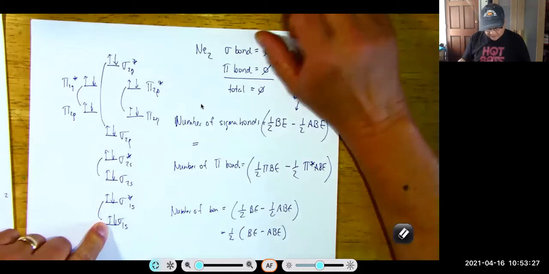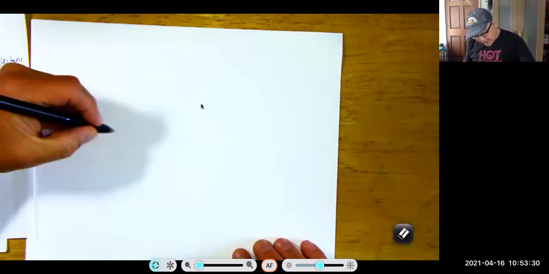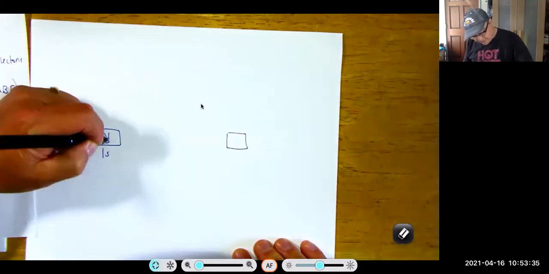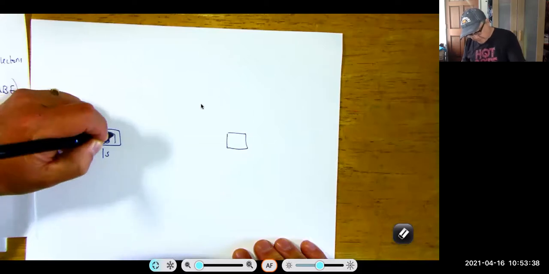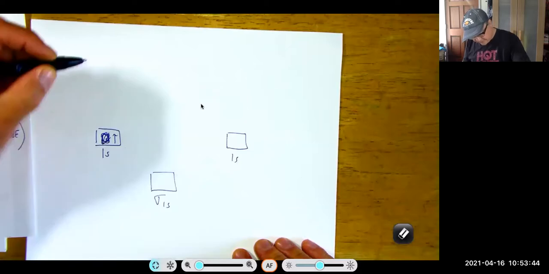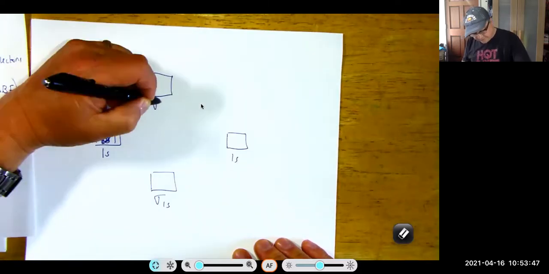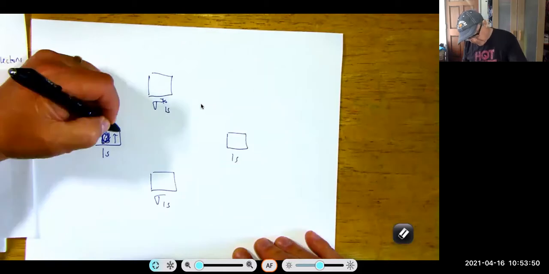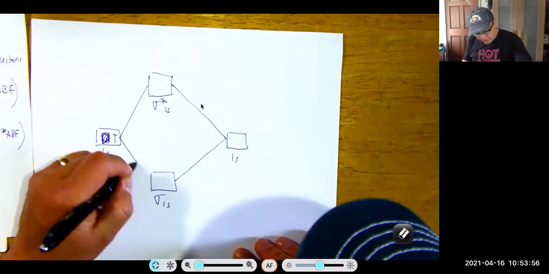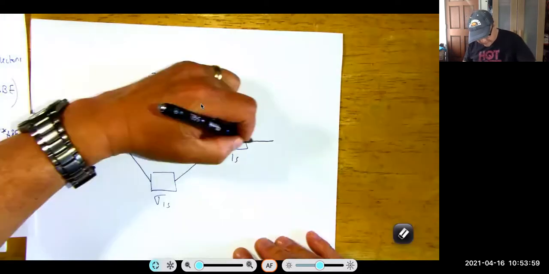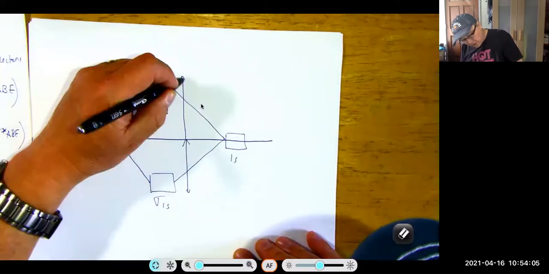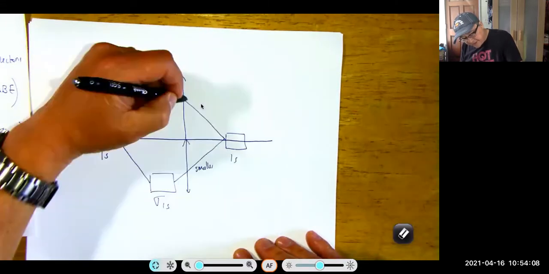And the reason they cancel is if we go back to a 1s, and a sigma 1s, and a sigma star 1s, do you see how this distance here is smaller and this is greater?